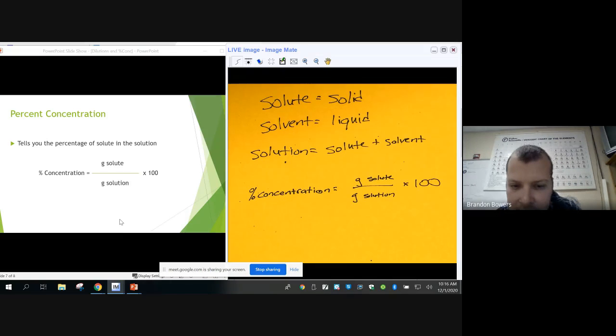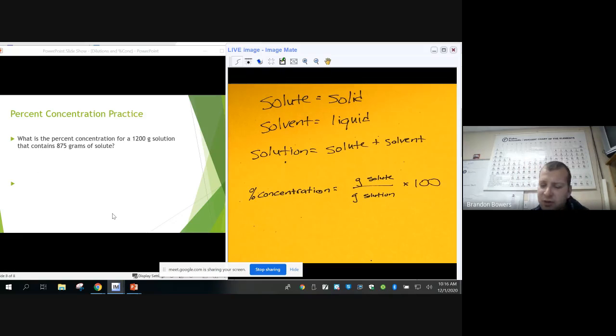Okay, so we're going to try this out real quick. We're going to try two examples. All right. What is the percent concentration? That's what we're solving for. What is the percent concentration of a 1,200 gram solution that contains 875 grams of solute?